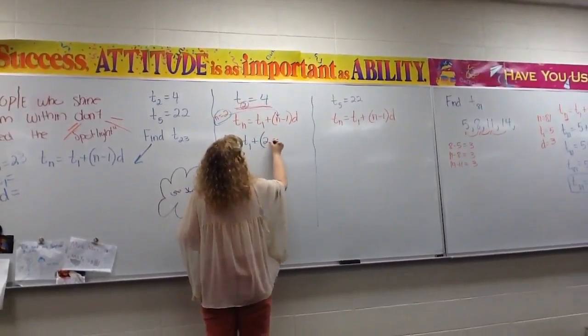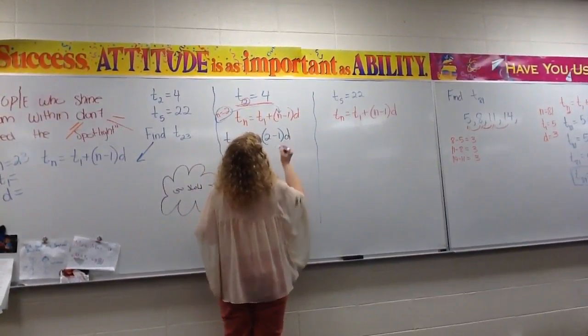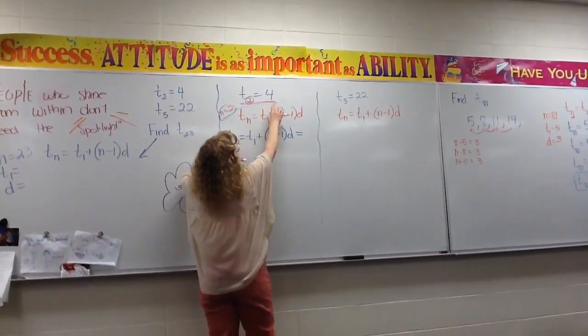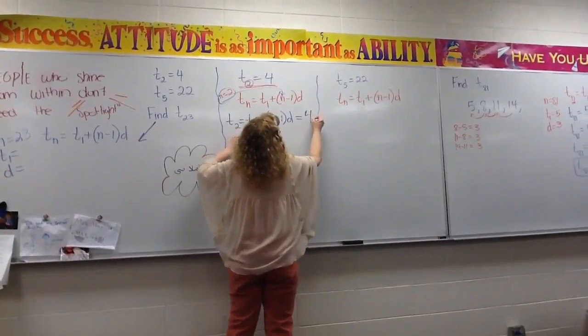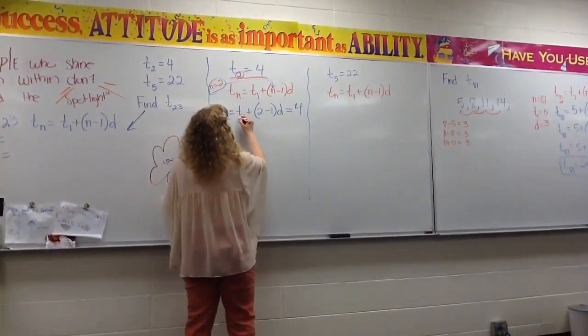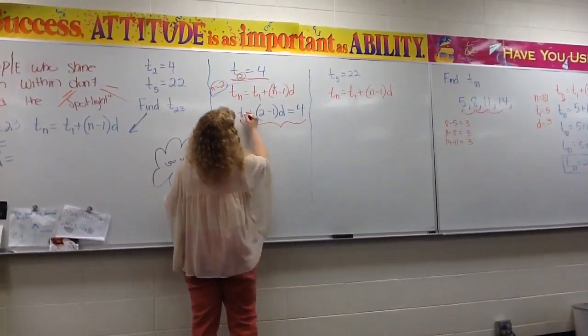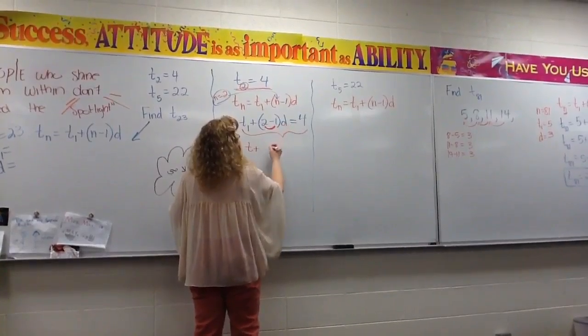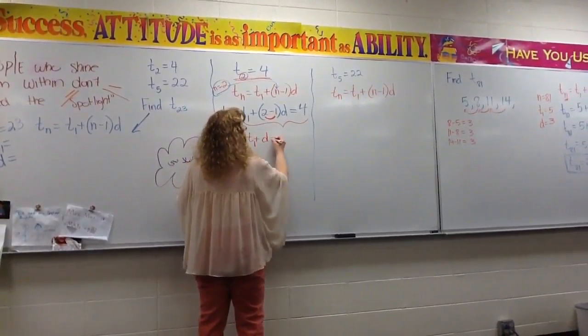I'm going to put it in there. I don't know what D is, but I do know that all of this has to equal 4. So this is the part right here that you're going to work with. It's T1 plus 1D equals 4.